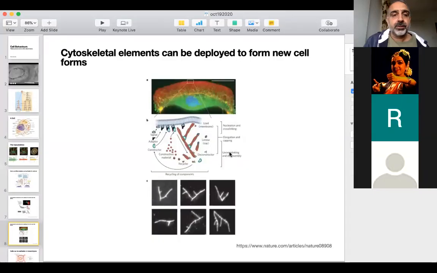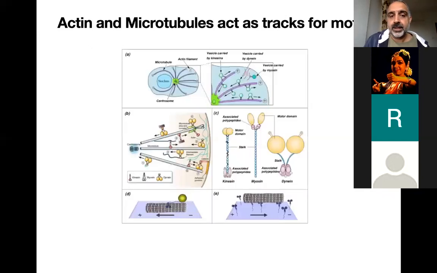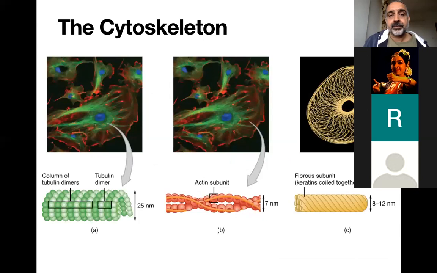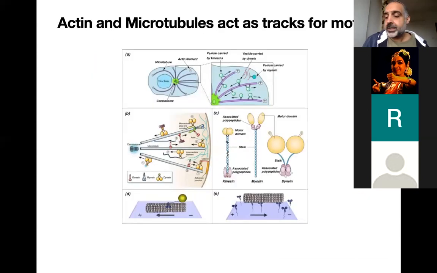So the main difference is that microtubule filaments are much stiffer than actin filaments. And so they're persistent as well. They have this self-organizing activity.